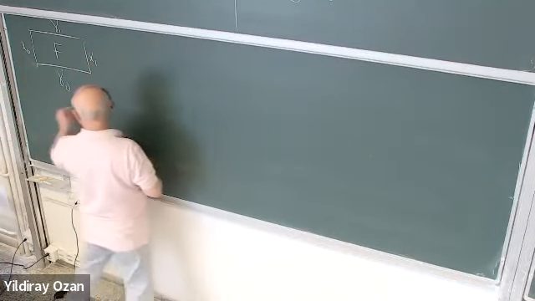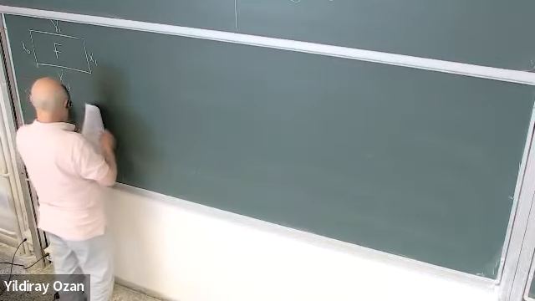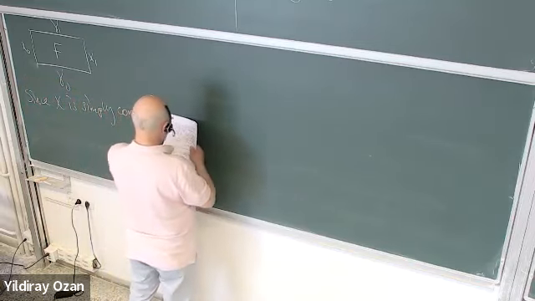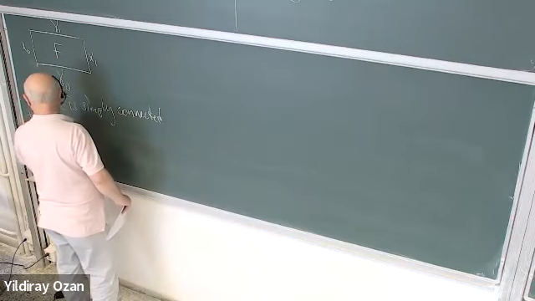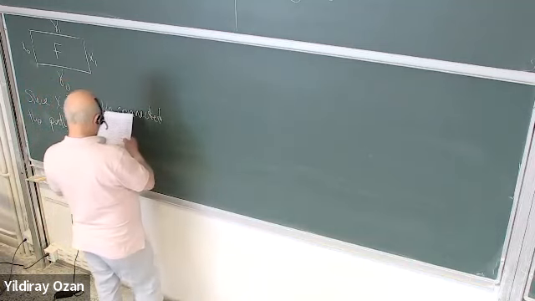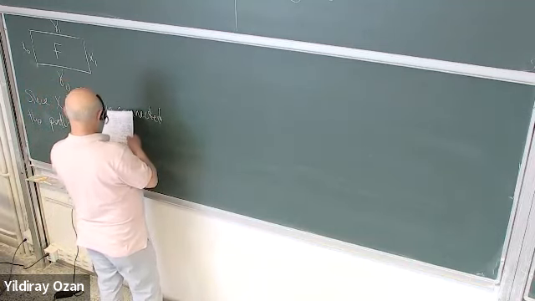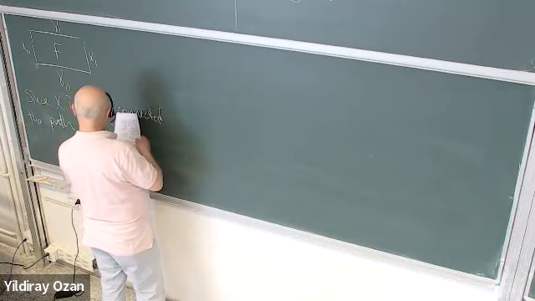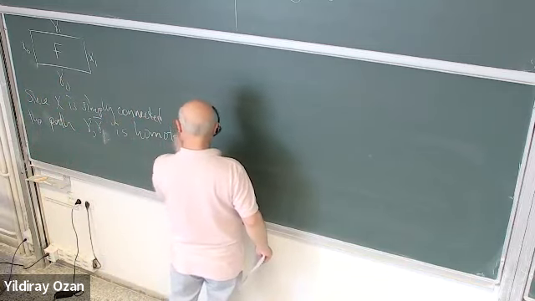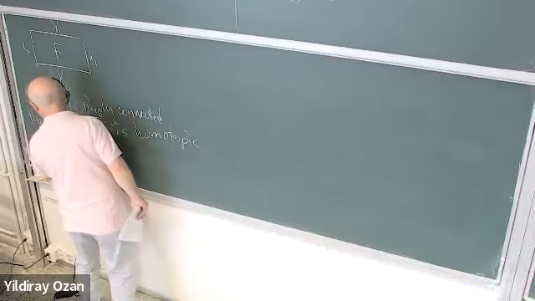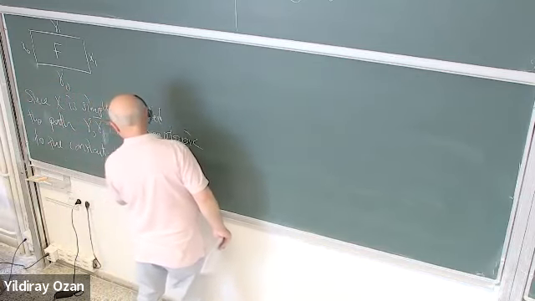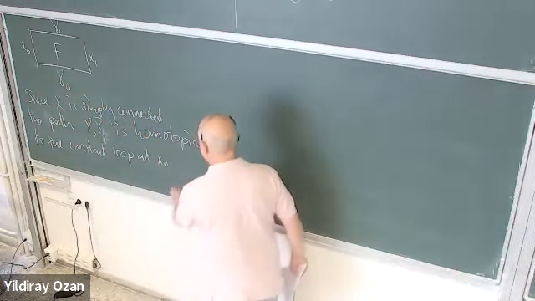Now we proceed as follows. Since X is simply connected, the path gamma 0 times gamma 1 inverse is homotopic to the constant loop at x0, right?